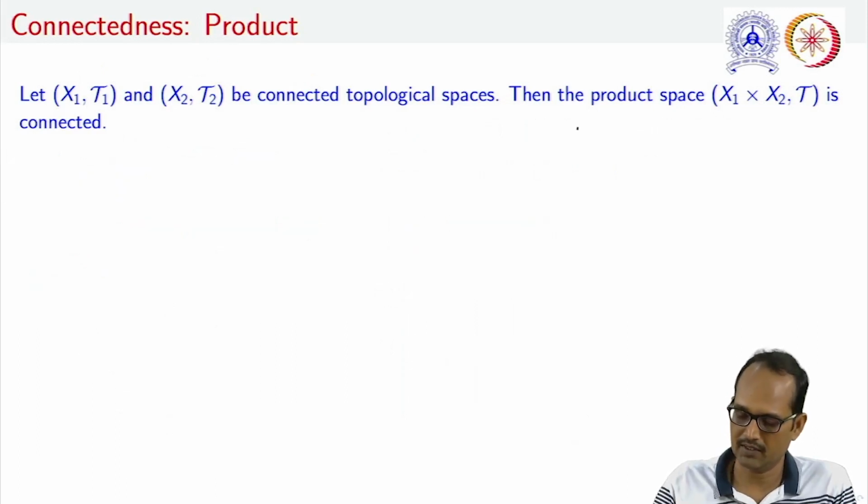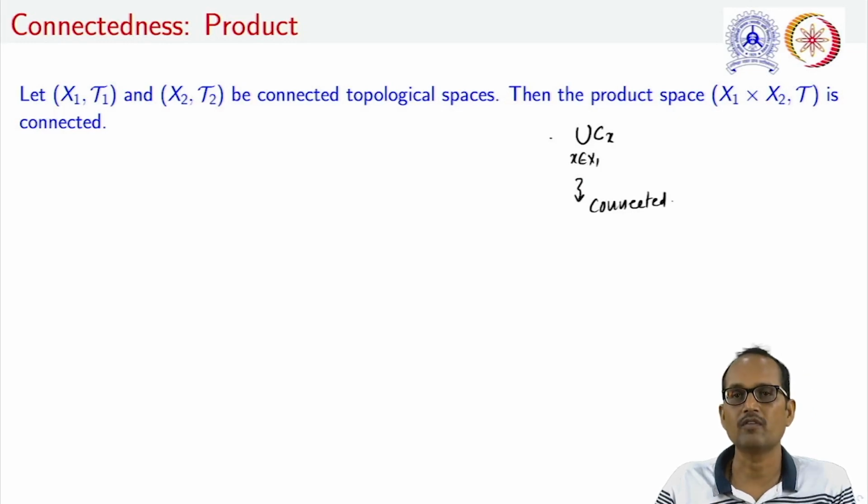Now, if we take the union of these Cx, x belonging to x1, this will always be connected, as this is a union of connected sets with non-empty intersection.